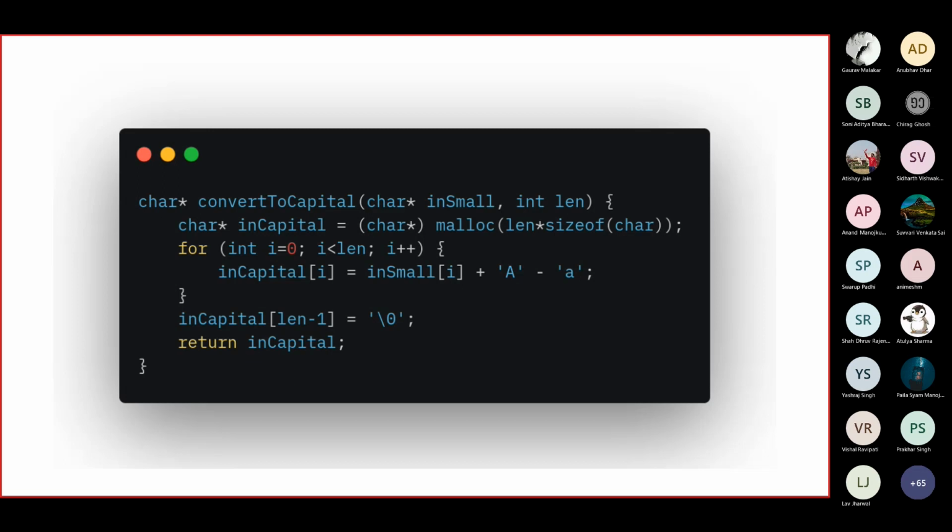Before allocating incapital with some len, you do error checking whether len is actually greater than 0 or not, and for some reason you passed len to be negative, and instead of allocating memory, you just returned a null value incapital. So now you can't delete it, and if you do delete a null pointer, the system is going to throw an exception. So what do you do then?